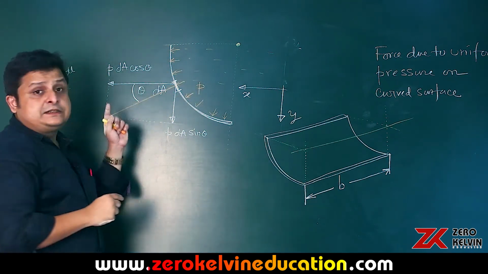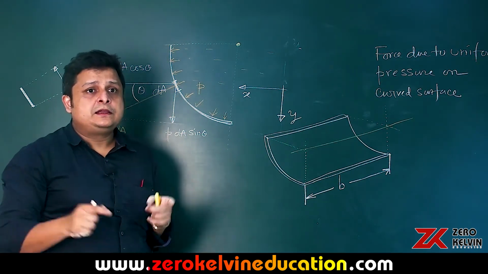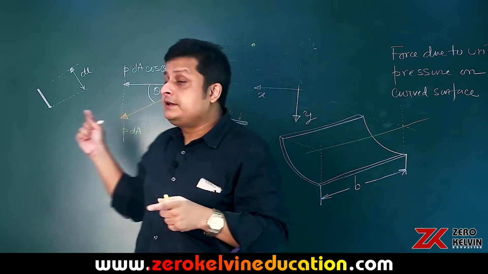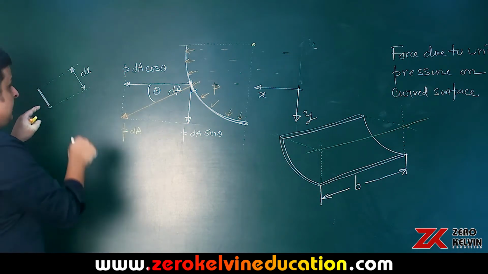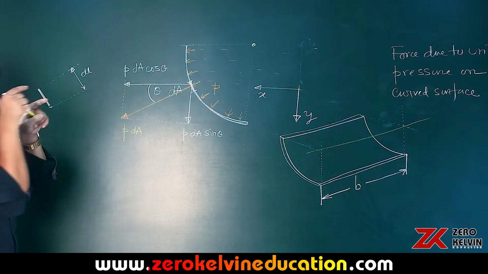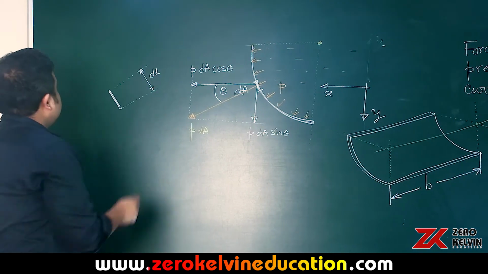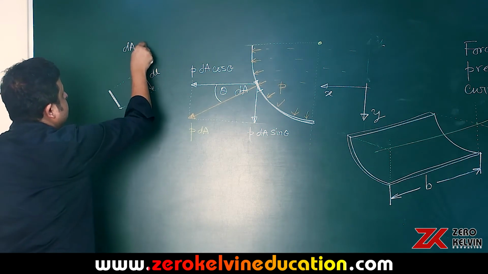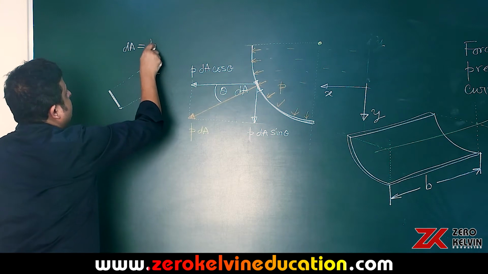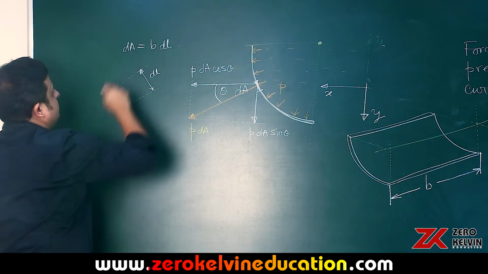So what is this dA equal to? This dA is equal to this width multiplied by the small length dl. So that's dl, and the width goes this way, right into the plane of the board. So this dA, this area of this strip is equal to b multiplied by dl.